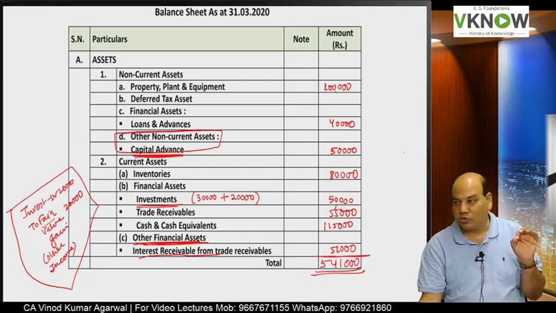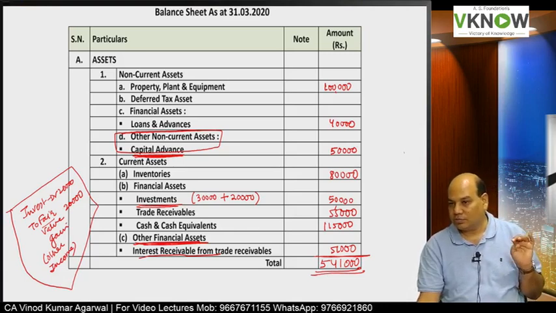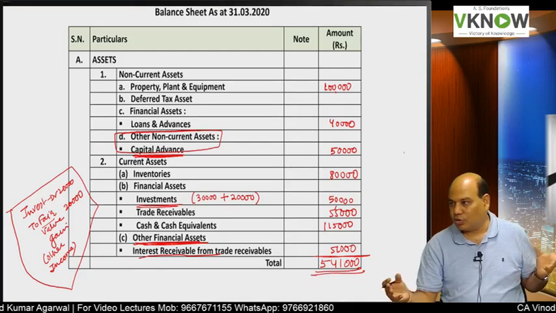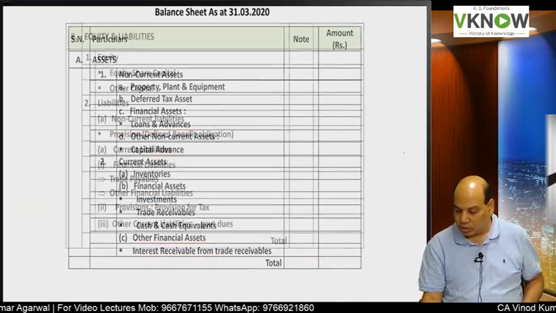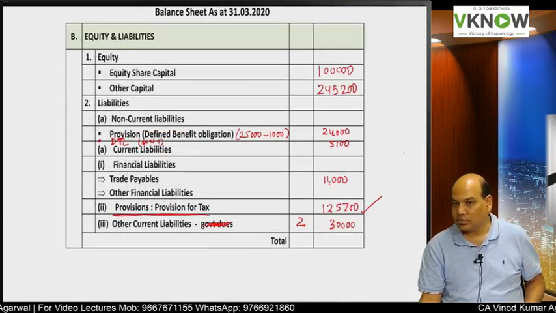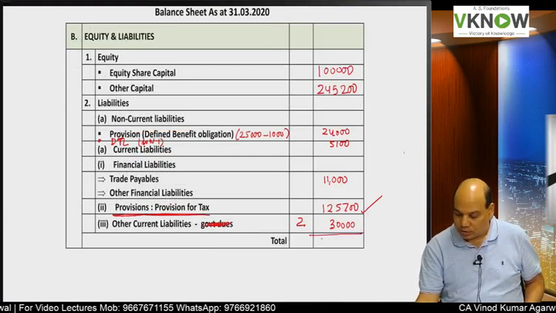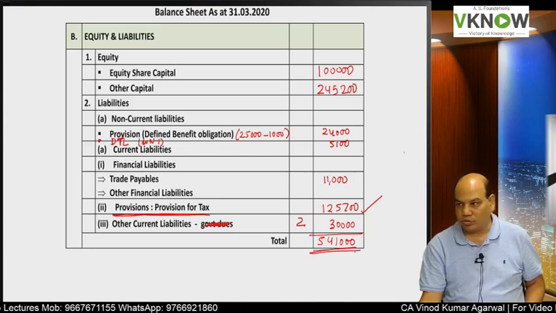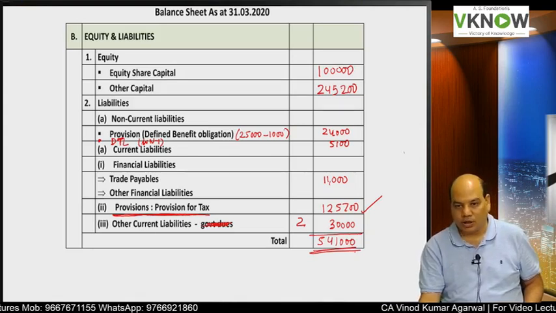One of the lengthiest questions ever asked in the exam or in the RTP. There are few more such questions. And is the liability side telling 5 lakh? Power of double entry bookkeeping system. If you give the double effect properly, it will tally.